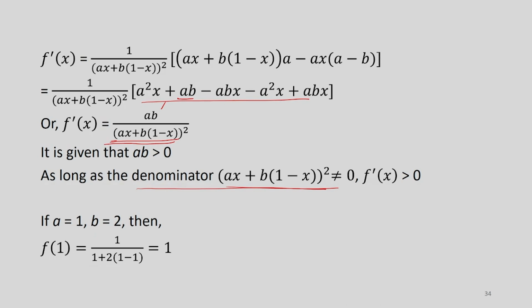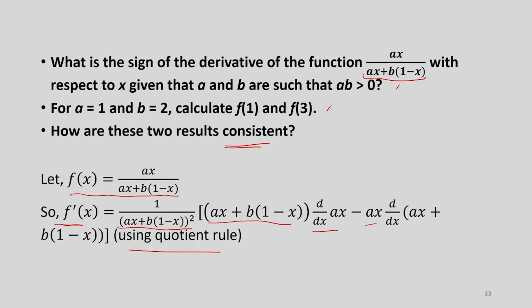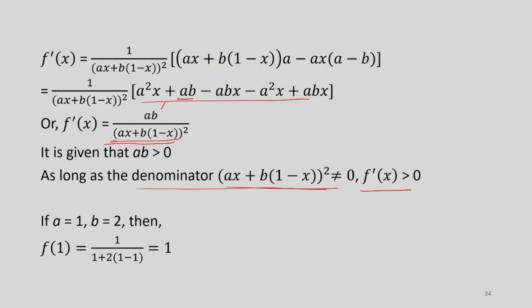So, as long as the denominator is not 0, that is ax plus b multiplied by 1 minus x is not 0, the first derivative f prime x is positive. Okay. So that is the answer to the first question, I think. First question was, what is the sign of the derivative of the function as long as ab is greater than 0? As long as ab is greater than 0, the sign is positive, provided the denominator is not 0.